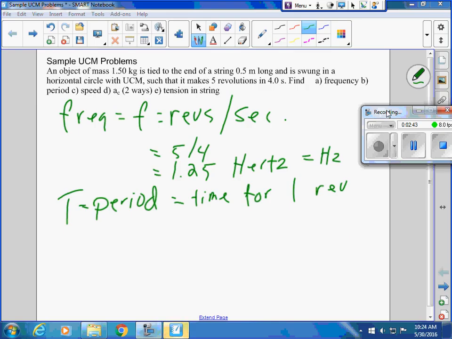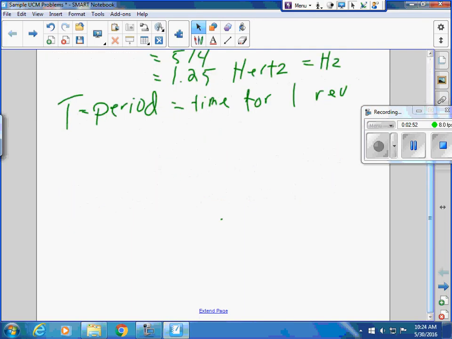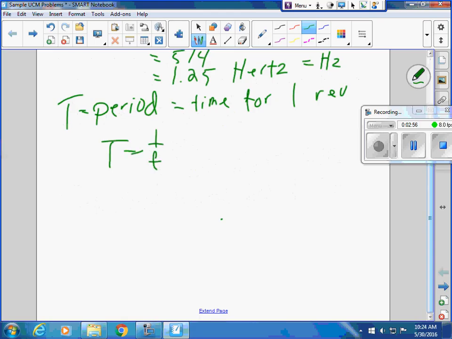And there's a formula: period and frequency are related. The period is equal to 1 over f. They are inverses of each other. Period is equal to 1 over f, and f is equal to 1 over T.